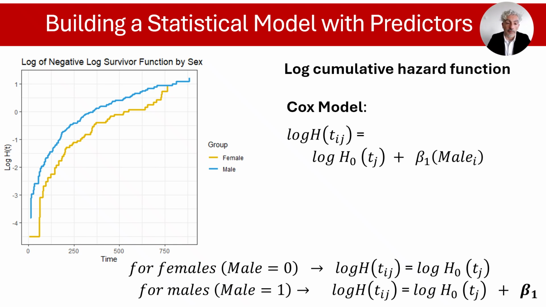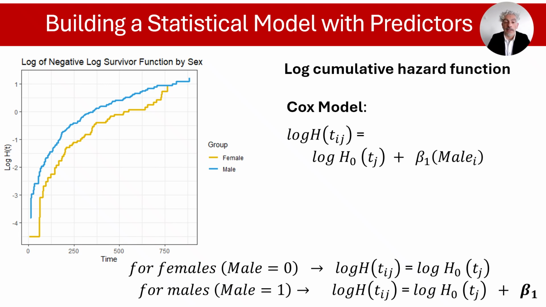At the bottom of the slide, I partitioned the Cox model for females and males, which illustrates that once we estimate the log cumulative hazard function of females, the log cumulative hazard function of males will be based on that of females, but it will just shift vertically.